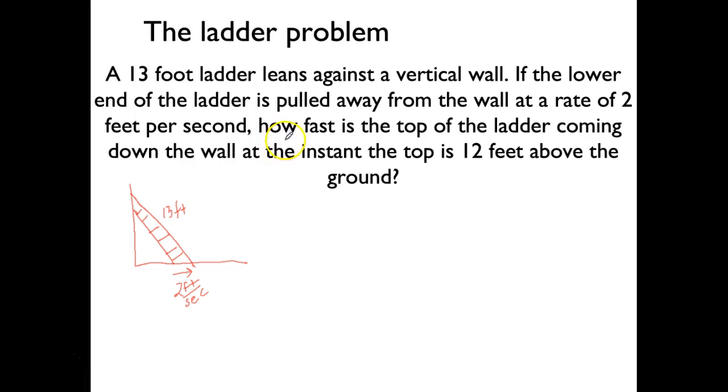So let's see this. How fast is the top of the ladder coming down the wall? So we're looking at how fast this is changing. So here I'll put a little question mark next to it. We're looking at how fast that is changing, going down the wall. At the instant the top is 12 feet above the ground. So this distance right here is 12 feet.